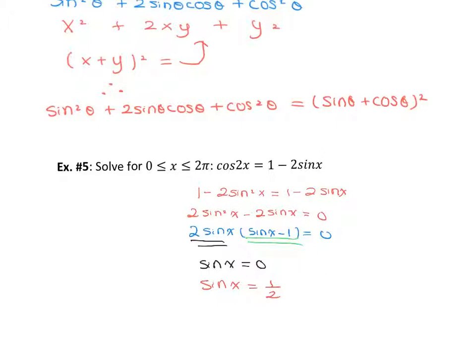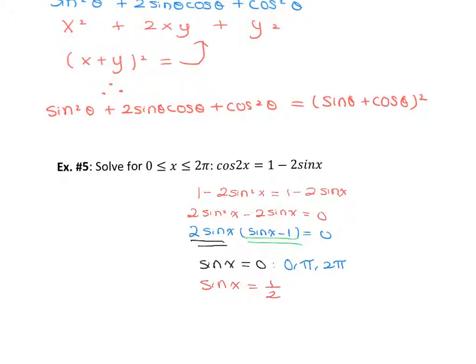Because you are going from 0 to 2 pi, there's no need to add or subtract 2 pi at all. So that's nice and easy. So what are all the values where I have a sine of 0? So 0, where else? Pi, where else? 2 pi.